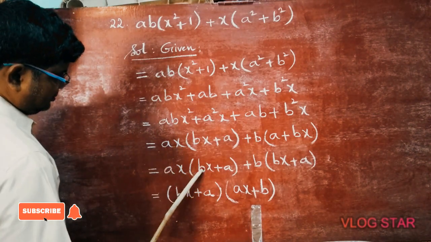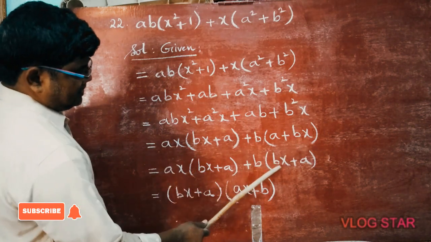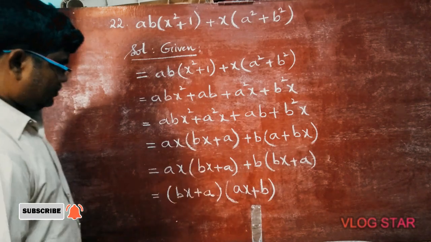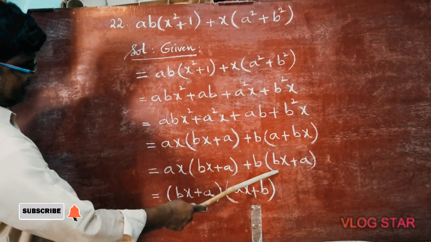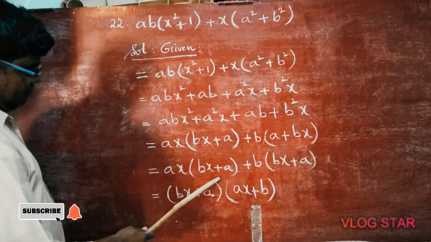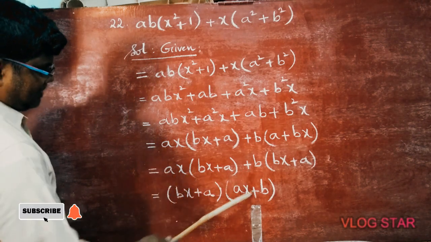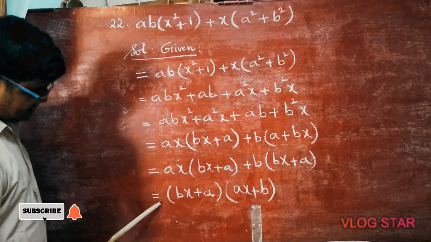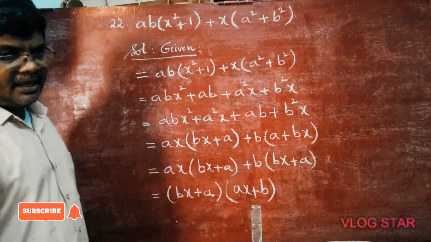Now ax into bx plus a plus b into, now I am interchanging, bx plus a. Now what is in the first bracket as it is came in the second bracket. So bx plus a we took common, and what is remaining? ax plus b in the second bracket. So what is the answer? bx plus a into ax plus b.